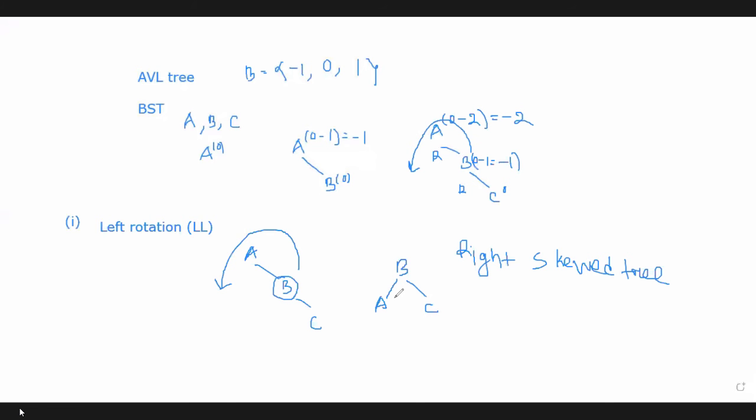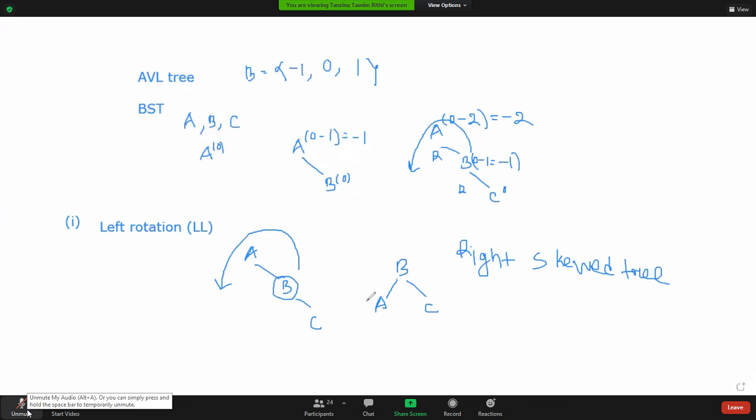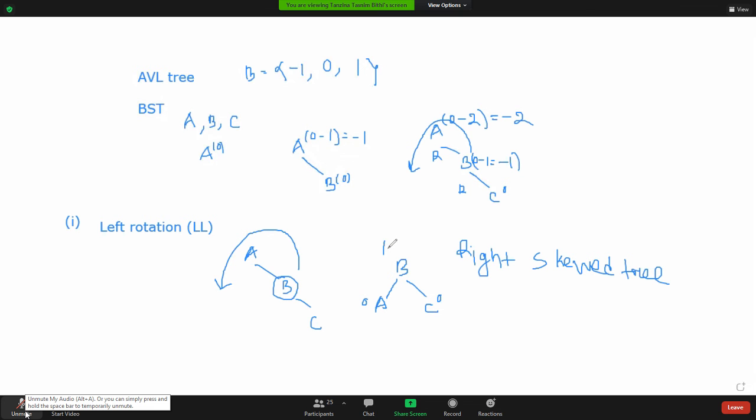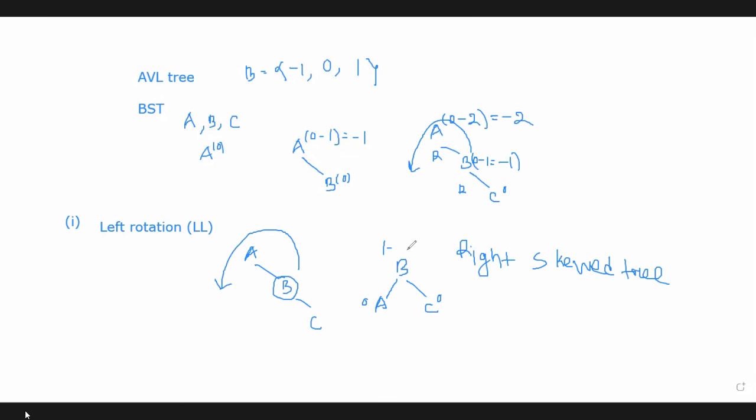Now is it a balanced tree? We can calculate the balance factor. The difference between the height of the left subtree and right subtree is 0 for A because A is a leaf node. And for C, the balance factor is 0. What about B? The height of the left subtree is 1 and the height of the right subtree is 1. So 1 minus 1 equals 0. That means this is a balanced tree now.